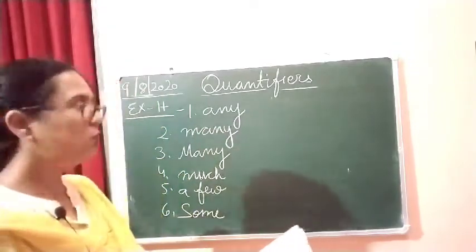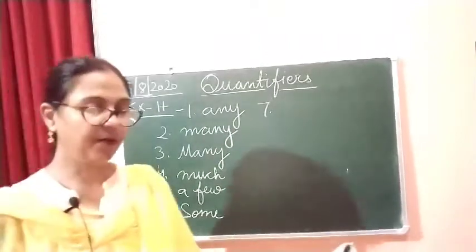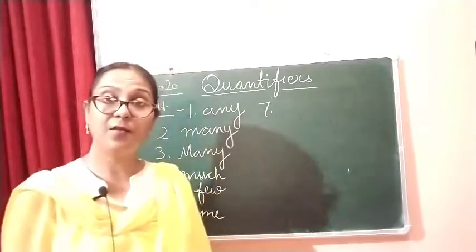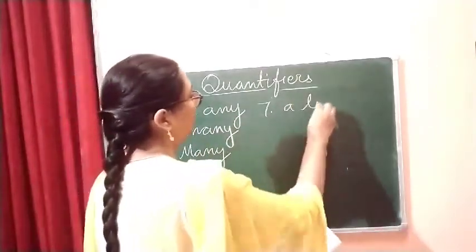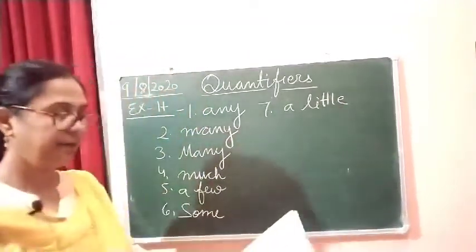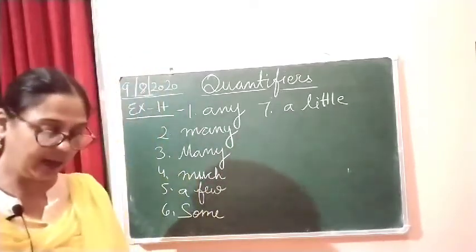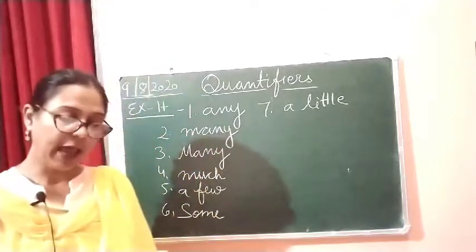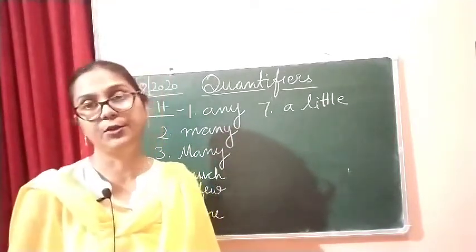Now we are moving to number 7. In number 7, there was dash support for the strike. There was a little support for the strike. Now we are moving to 8th. Dash girls of my school have reached the finals in the inter-school dance competition.